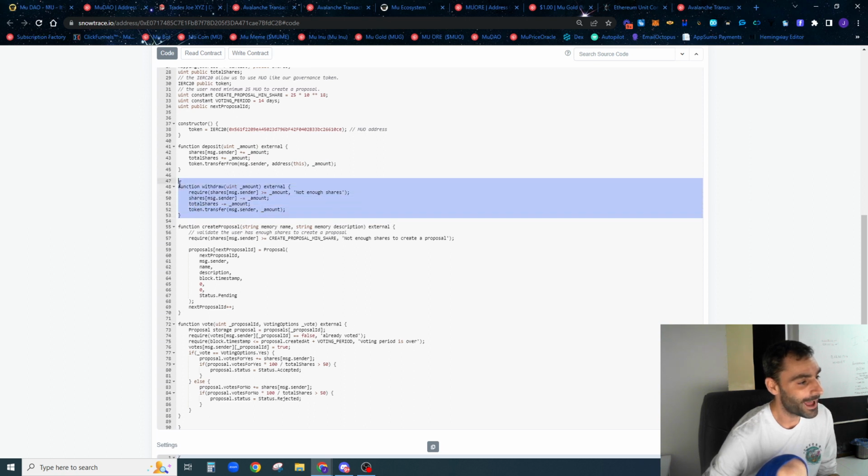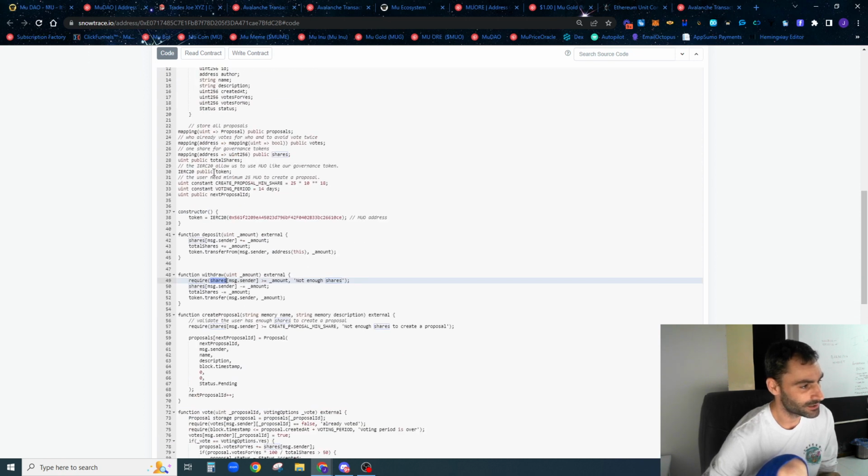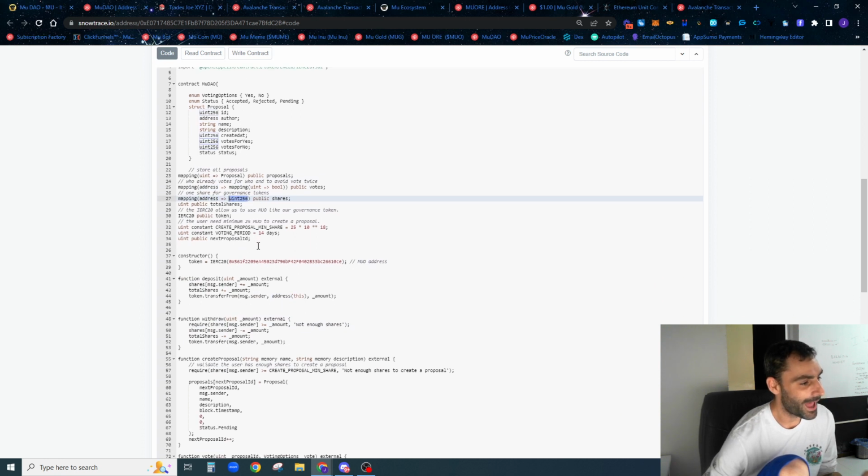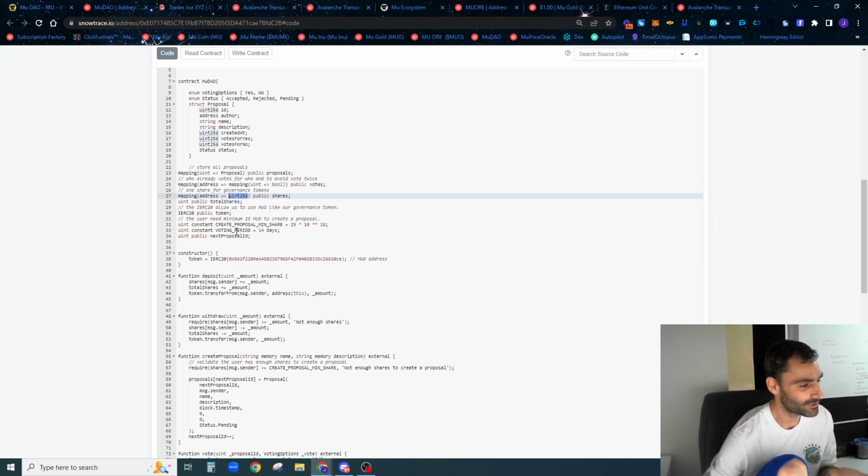So if you want to actually withdraw, then whoever is withdrawing, you can look, this shares is actually just a mapping. It's defined right up here somewhere. So you can see here is a mapping called shares, and it just has an address and a number. And the address is whoever actually puts it in there, and the number is how many shares that you've actually put in there.